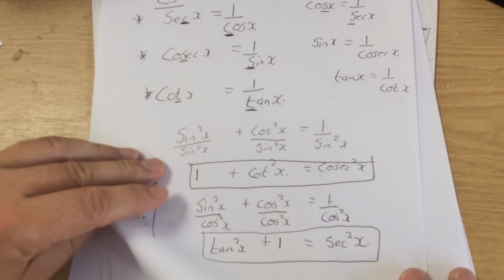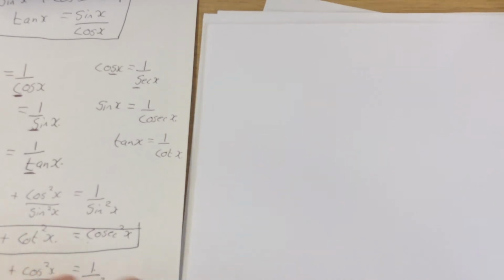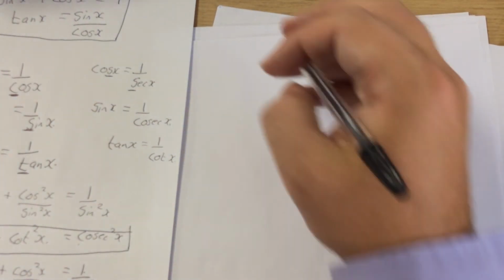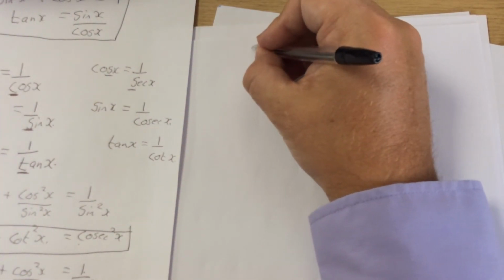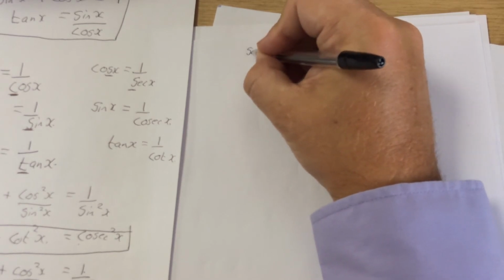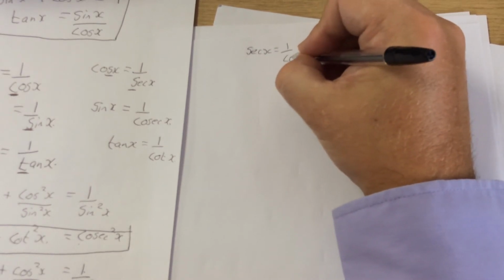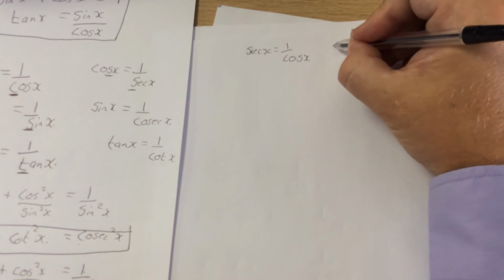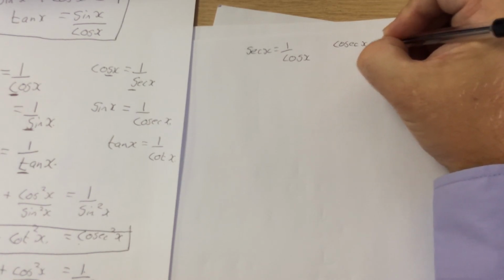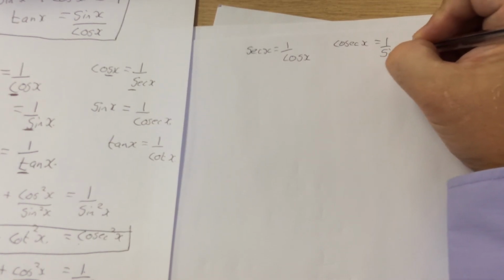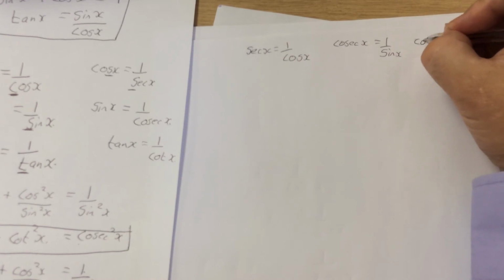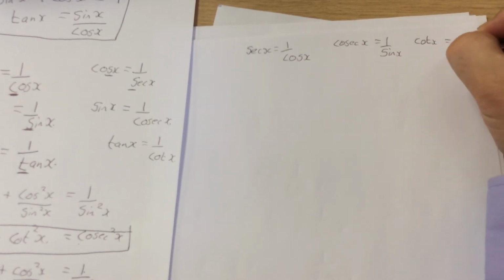So before we move on now, it's very important you know the following. Okay? You must know that sec x is 1 over cos x, cosec x is 1 over sine x, and cot x is 1 over tan x.